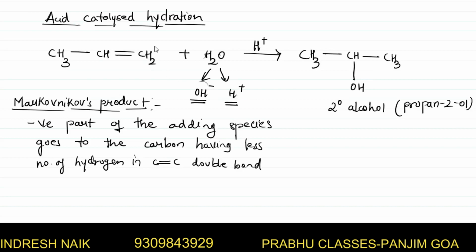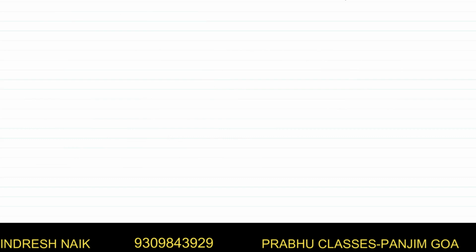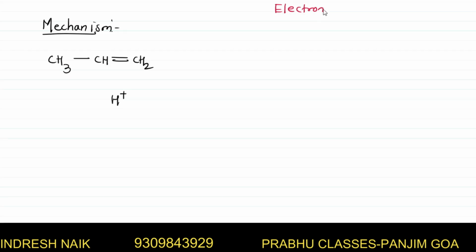Now see the mechanism. Let's go into the mechanism of this. Here there is an H plus. I told you one thing is very common: the attack or donation of electrons is from electron rich to electron deficient.